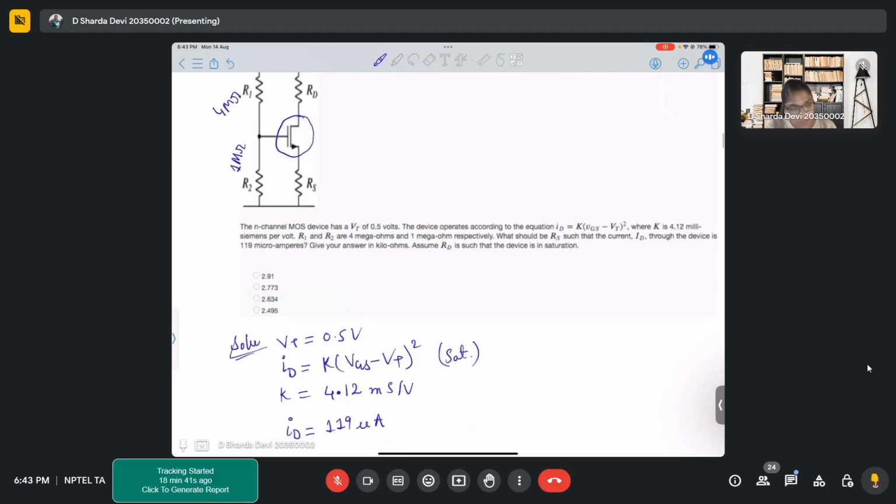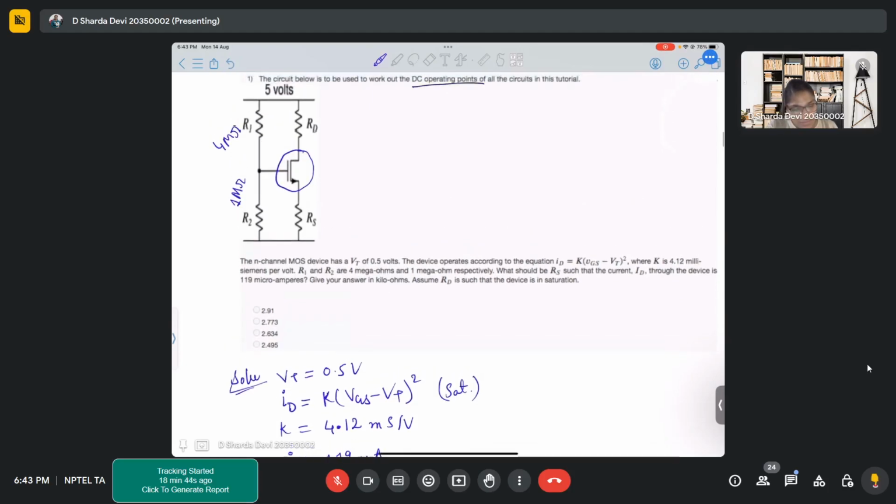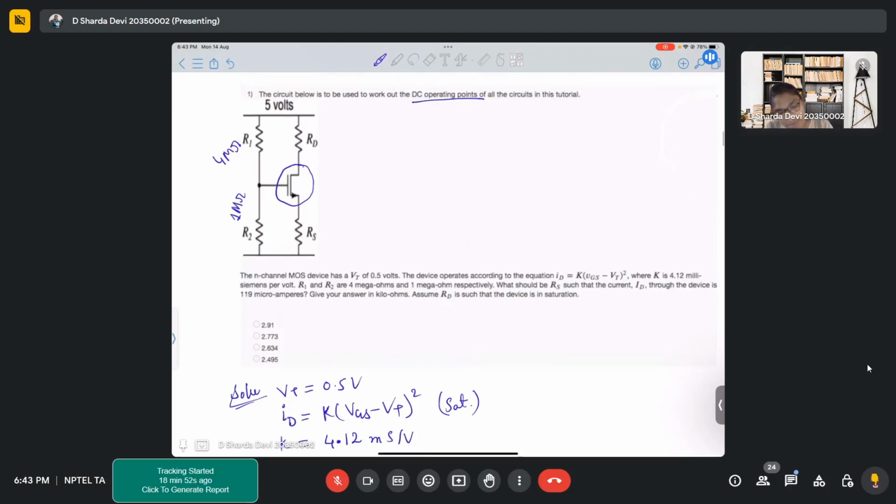Give your answer in kilo ohms. Assume RD is such that the device is in saturation. So in this particular question, we have to find RS.